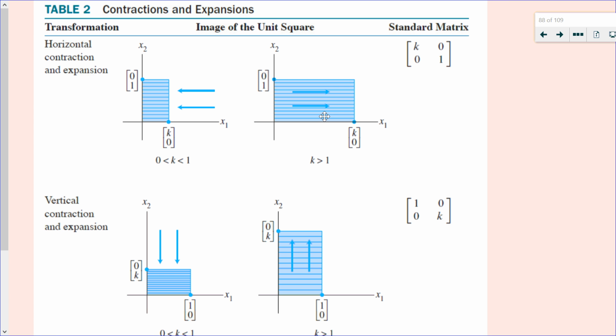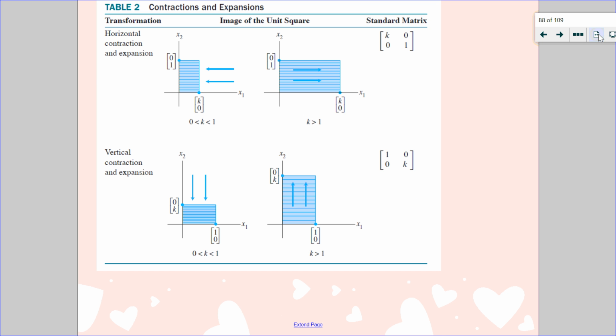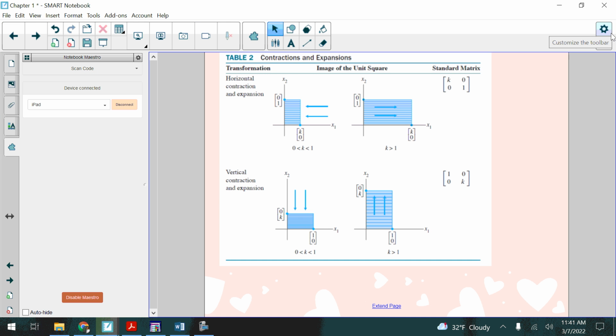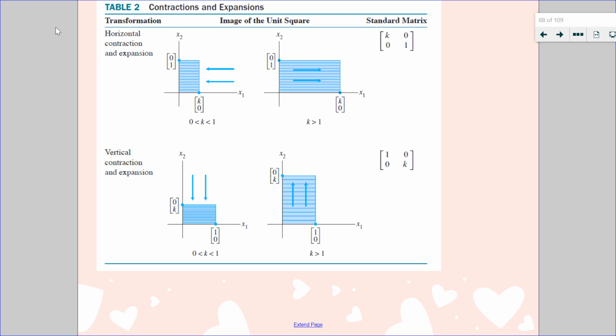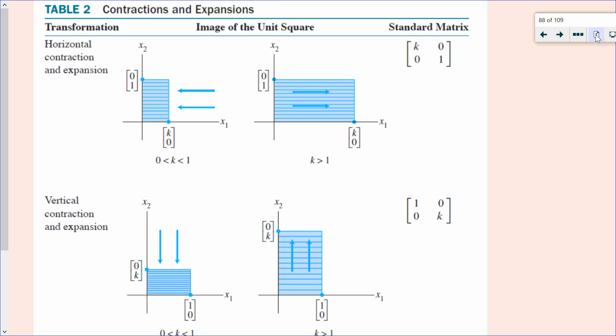Next, we have making things bigger or smaller. And we talked about how to do that a little bit. So we can contract or expand along the x or along the y. If your value is greater than 1, it's going to make it bigger.